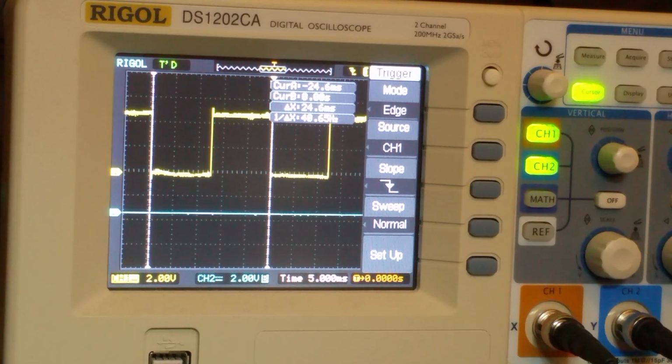And what you see here is that it has a cycle time of 24.6 milliseconds. How does this result in 24.6 milliseconds? Let's do some calculations. A15 is the uppermost address bit of a 16-bit counter basically, because it's just running through all the addresses it can do.